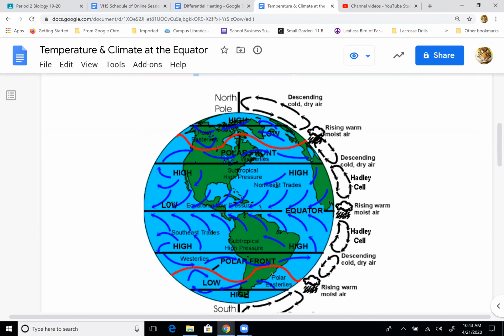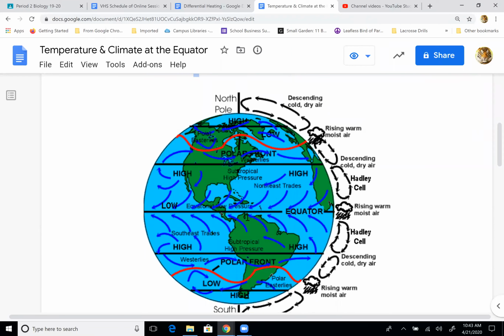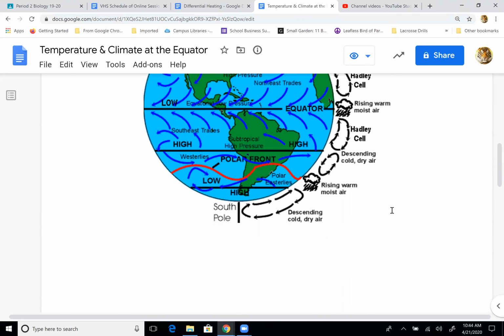So eventually we'll learn about all of the different wind patterns and climate zones across the earth. But today we'll talk about how there's rising warm air, descending cold air, and then kind of like how it goes back and forth between rising and descending across the latitudes.